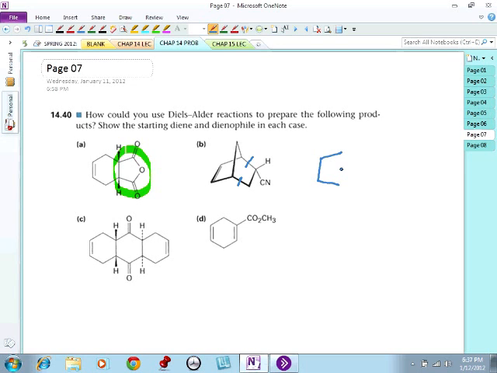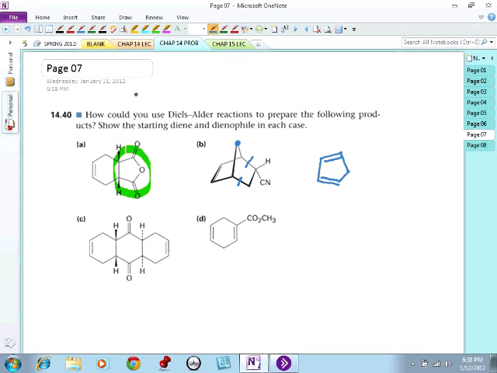Just a minute, I will do that. Okay, so now you have this. So you say your double bond is here. That double bond is here. Now you bring this bridge in, and that would be that bridge right here.